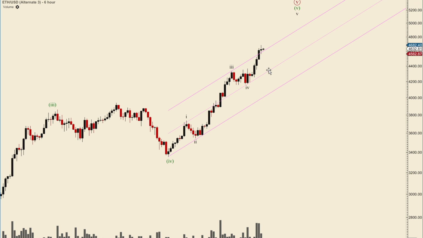That's not really what you want to see if you're looking for an ending, because wave 5 usually ends around the middle of the best fit channel, or before breaking out of it. So that basically tells us that we could have more upside to Ethereum.